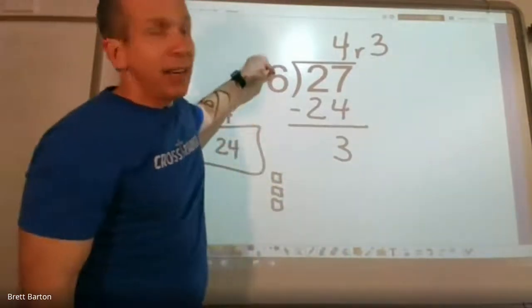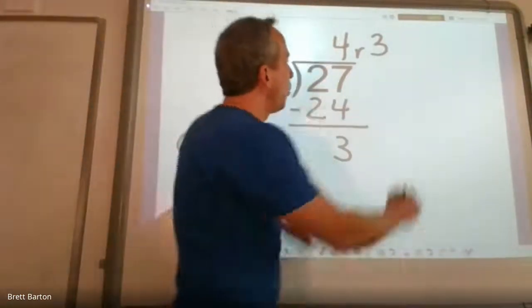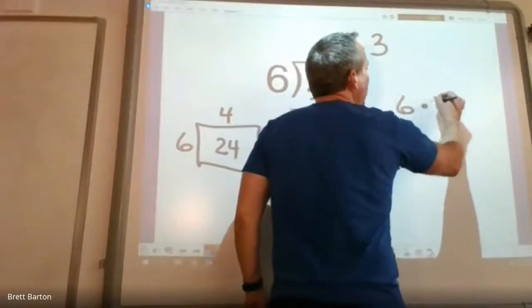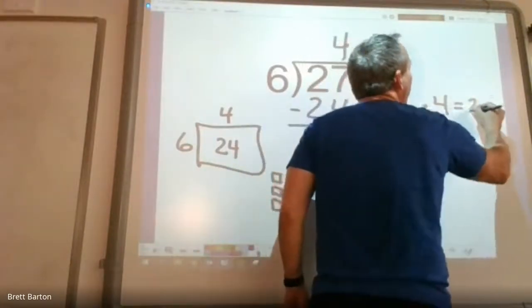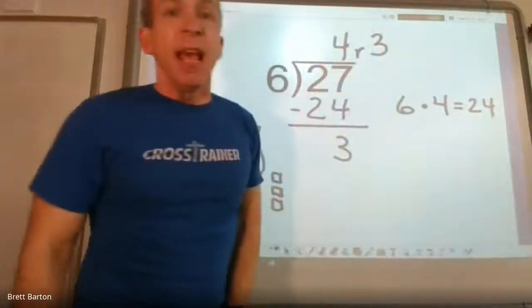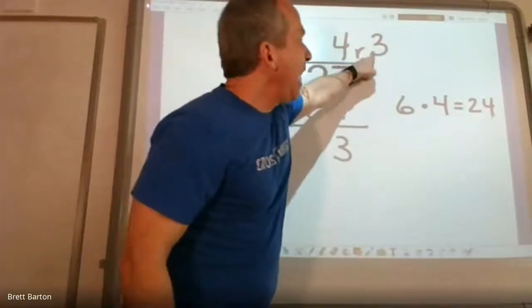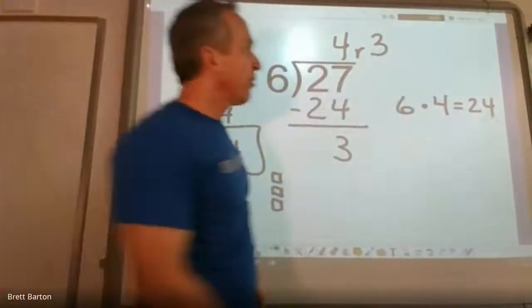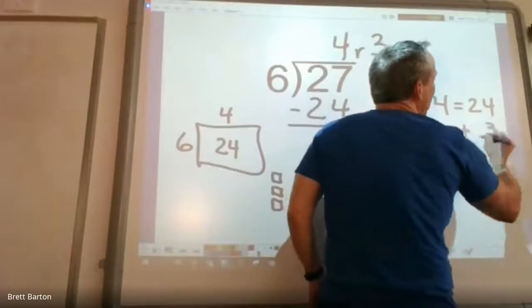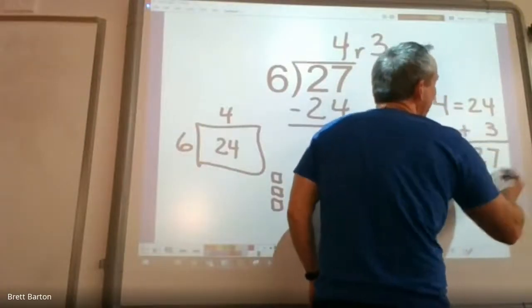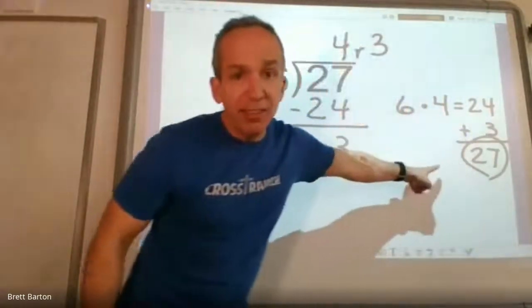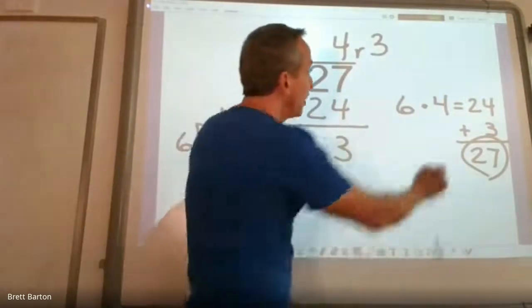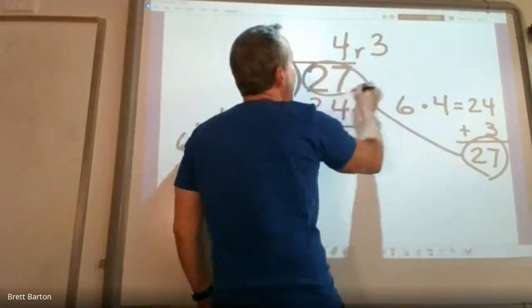I can go back and I can say 6 times 4 equals 24. And then I add the 3 little leftover blocks. If I add the 3 leftover blocks, I get 27. Do you recognize this number? This number came from right here.